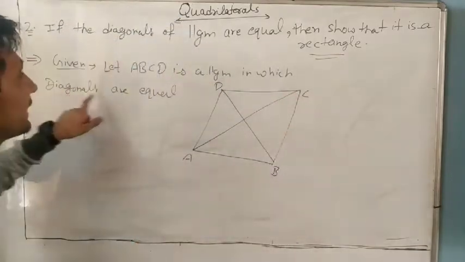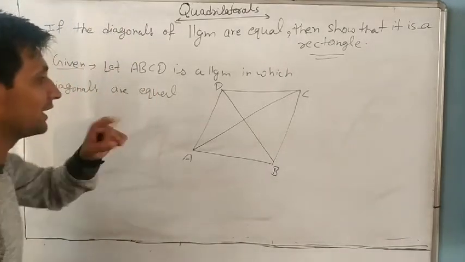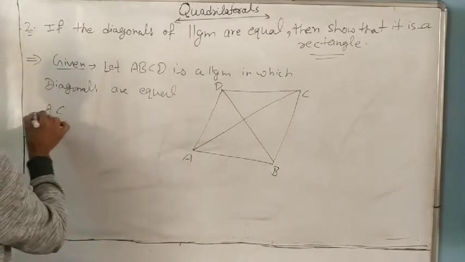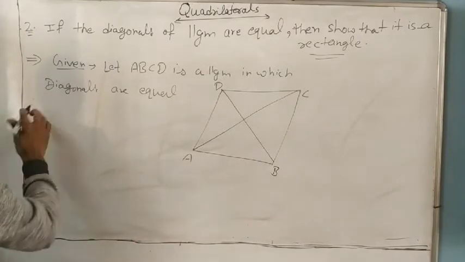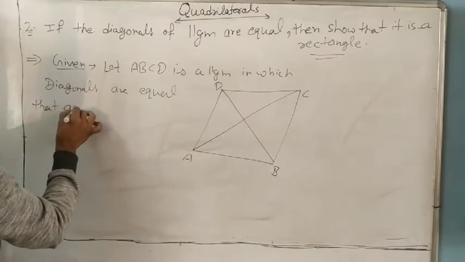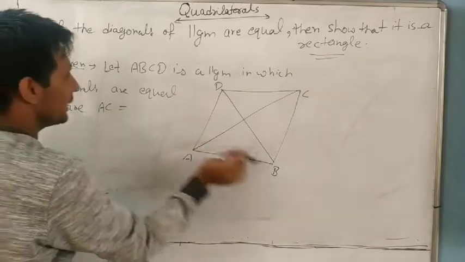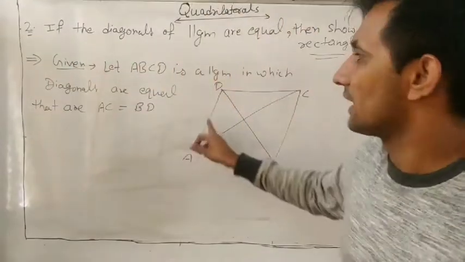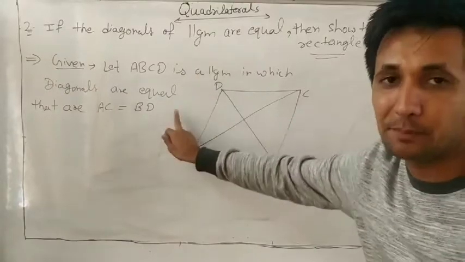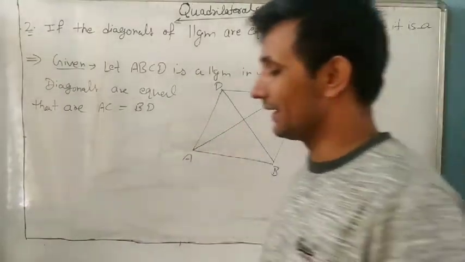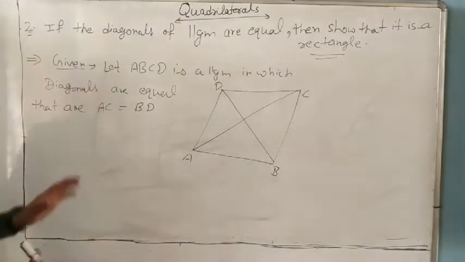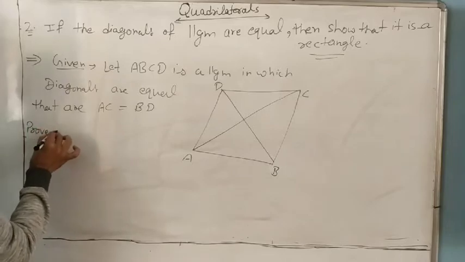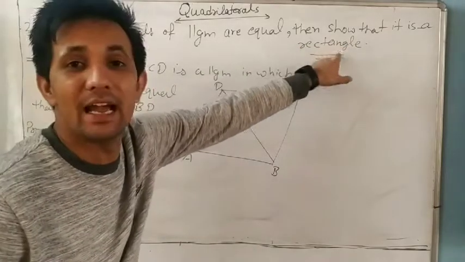And what is given? Diagonals are equal. If diagonals are equal, it means AC equal to BD. Understand or not? AC equal to BD. ABCD is a parallelogram and its diagonals are also equal. So what we want to prove? ABCD is a rectangle.